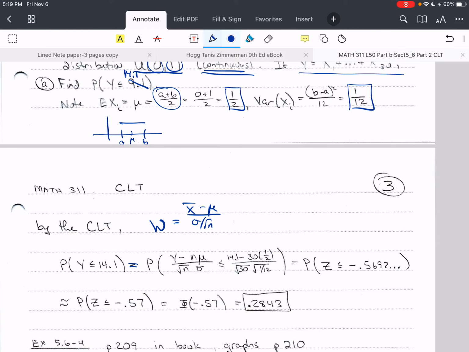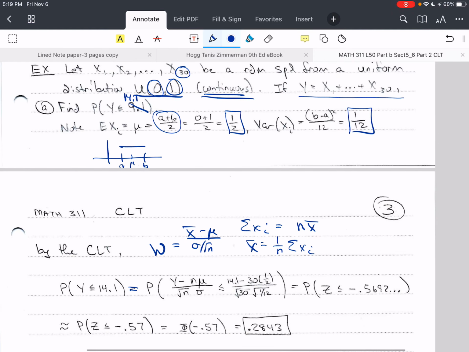You're going to see that the sum of xi is equal to n times x bar, okay? So remember that x bar is equal to 1 over n times the sum of xi. And so if I solve for the sum of xi, which is what y is, the sum of xi from i equals 1 to 30, this is going to be n times x bar, okay?